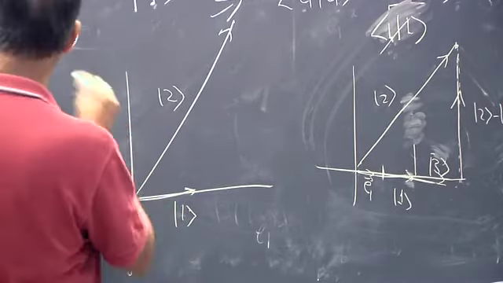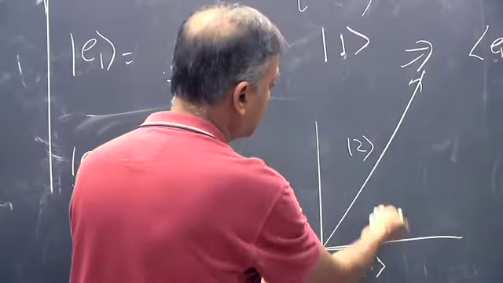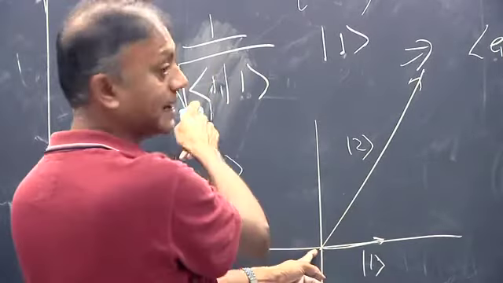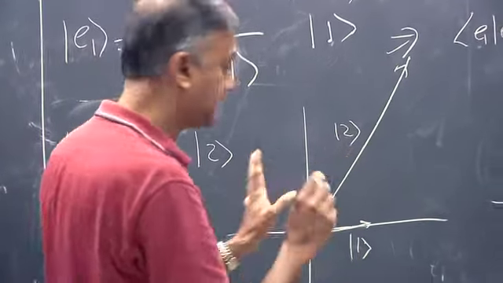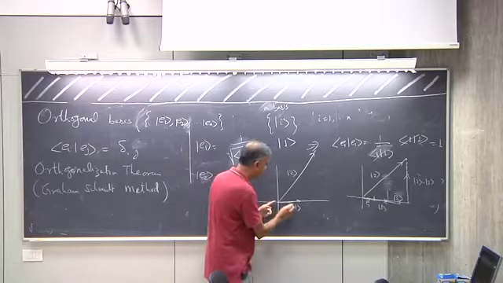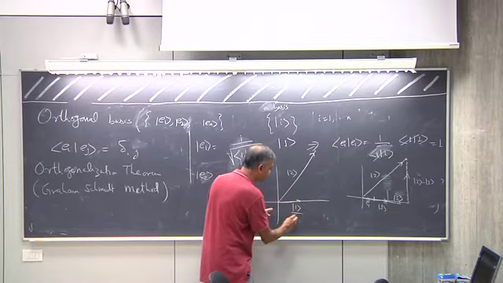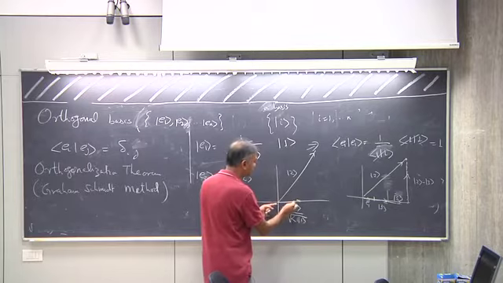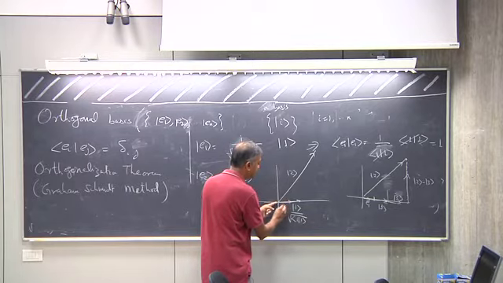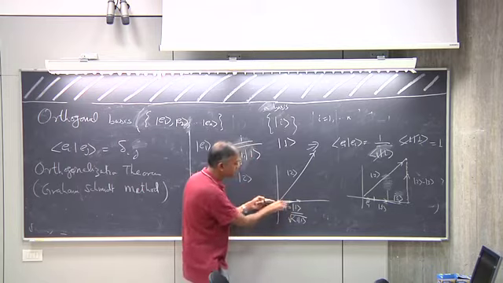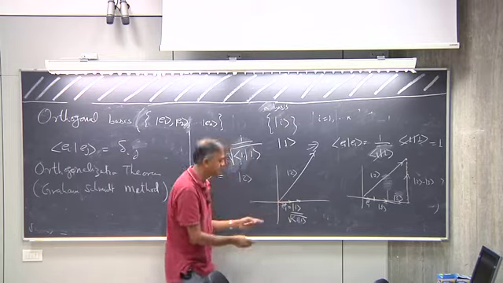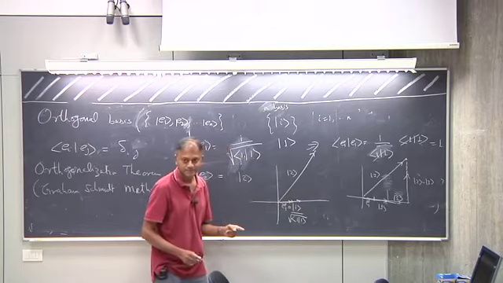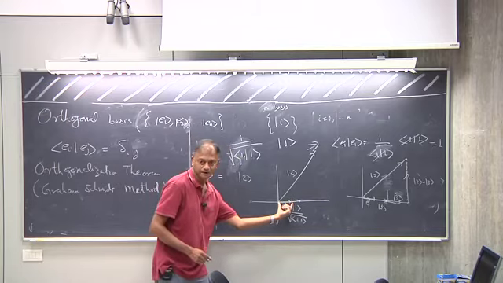So first of all, as a first step, I just picked one of these two vectors and divided by its length to make it length 1. That was the easy part. So I just divide by the square root of that, and whatever I get, I call E1. It's going to be the same direction as vector 1. I'm just dividing by the length, so it's the same direction. But now its length is 1.